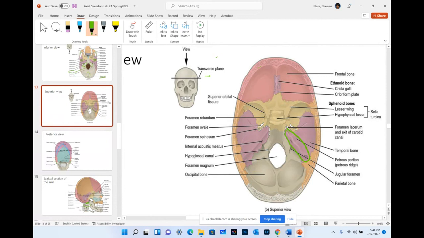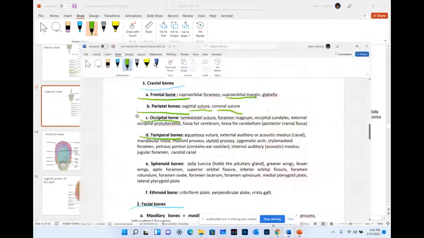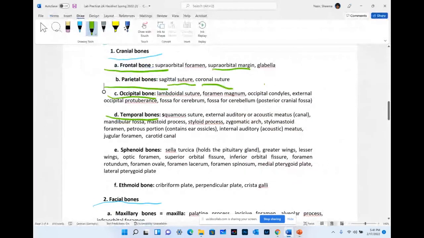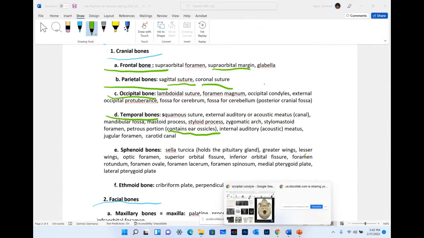And what are those ear ossicles? Let me see if that is in your, yes, it is over here. You can see ear ossicles. Okay, so let me show you the ear ossicles as well.